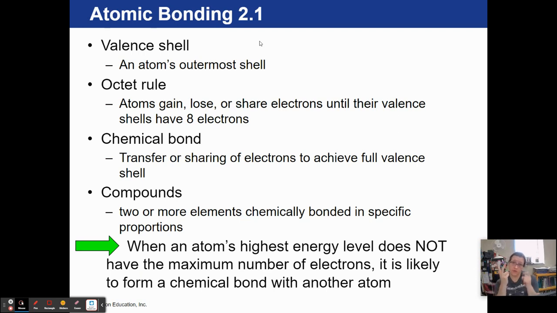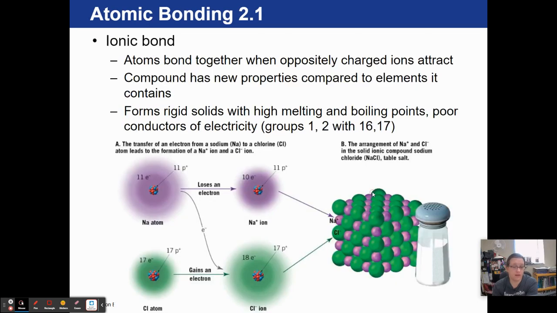You have to have 2 to 1 every time. H2O is water. HHOO, not water. So when an atom's highest energy level does not have the maximum number of electrons, it is likely to form a chemical bond with another atom.